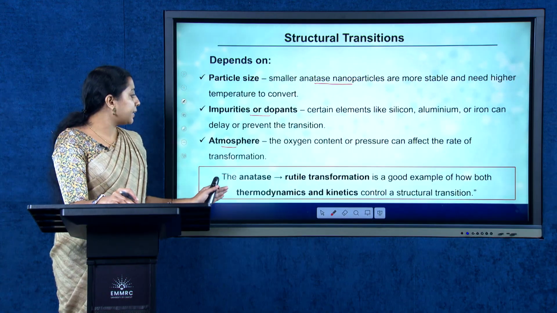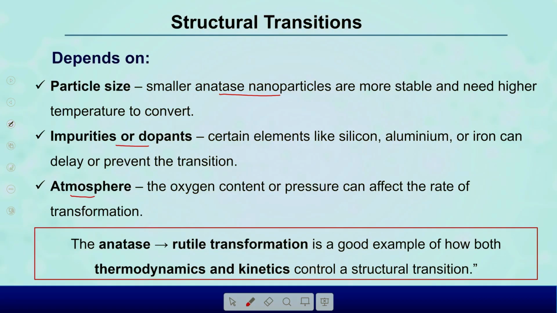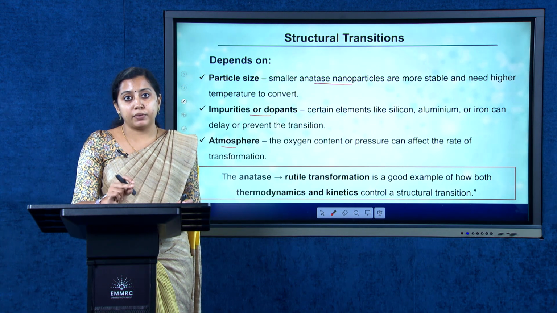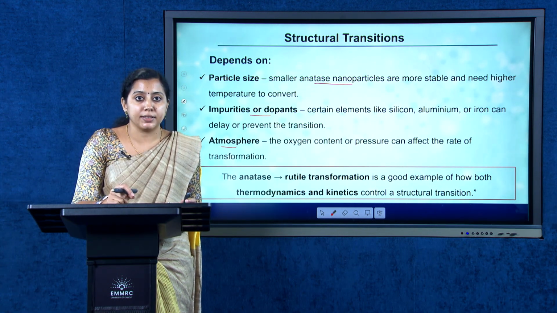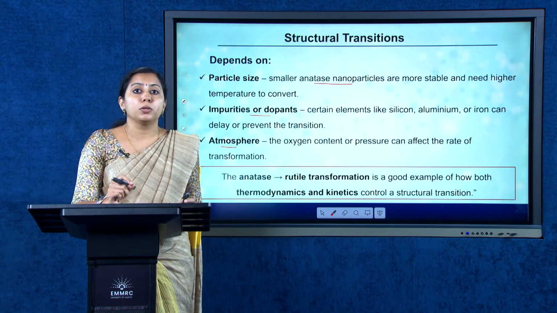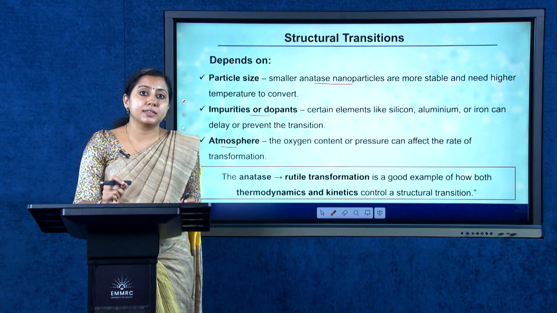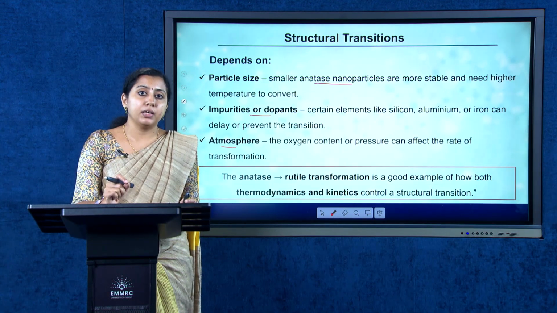So, this anatase to rutile transformation is a very good example of how both thermodynamics and kinetics control a structural transition. Here we have discussed a few factors affecting the structural transition. The particle size is one factor. When the particle size is less, they will be quite stable.